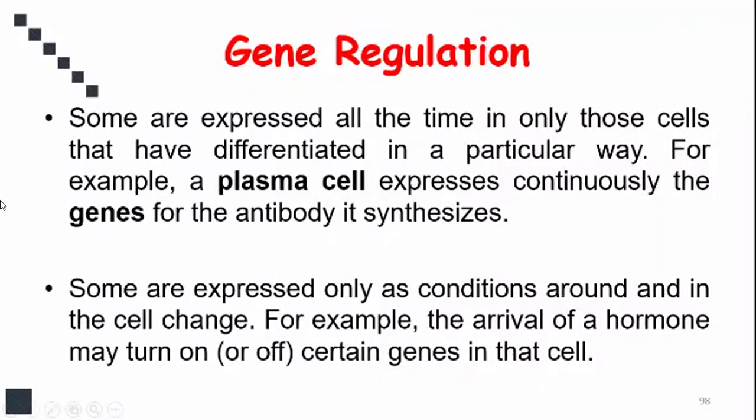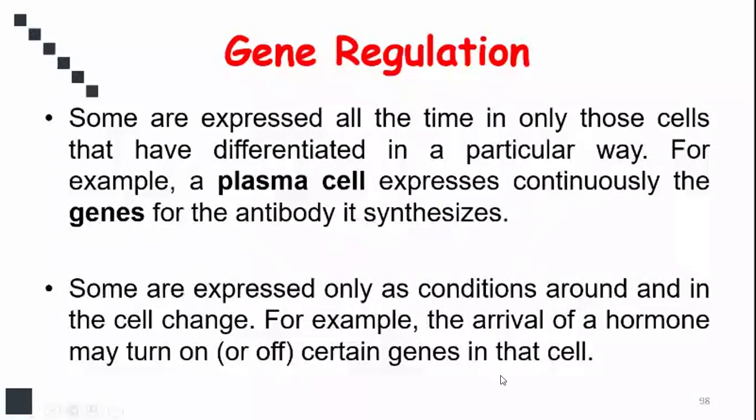So like we said, some of these are continually expressed, which we have labeled as housekeeping genes. For instance, plasma cells continuously express the gene for the antibodies they synthesize. And some are expressed only when conditions around and in the cell change.